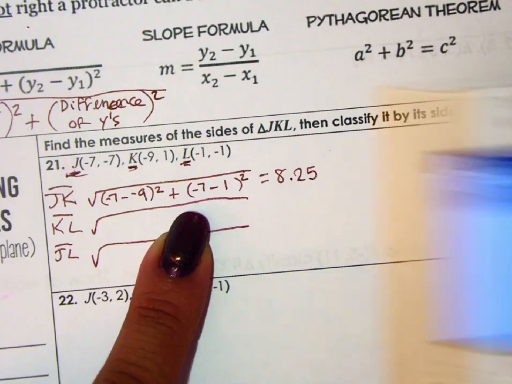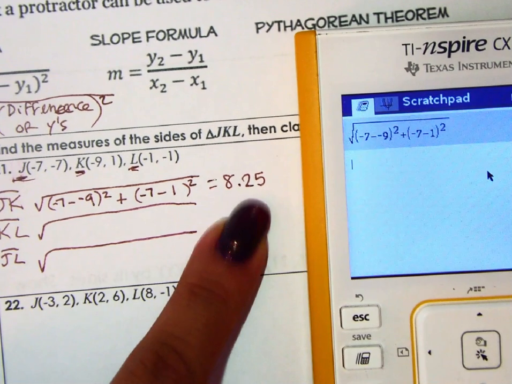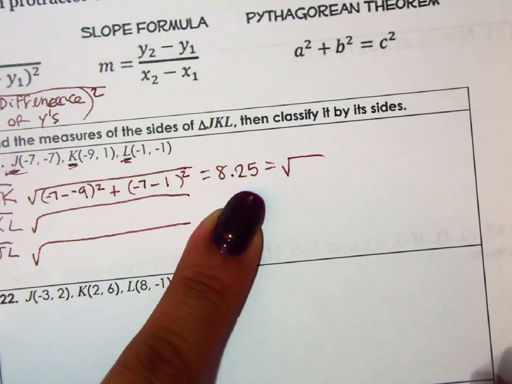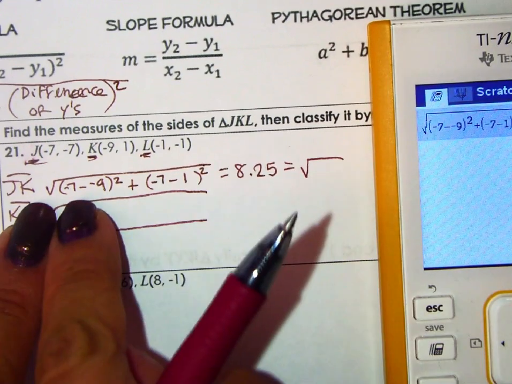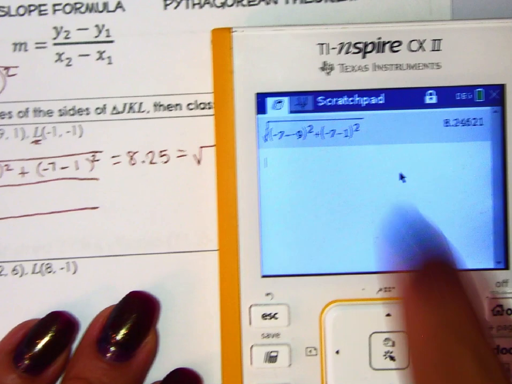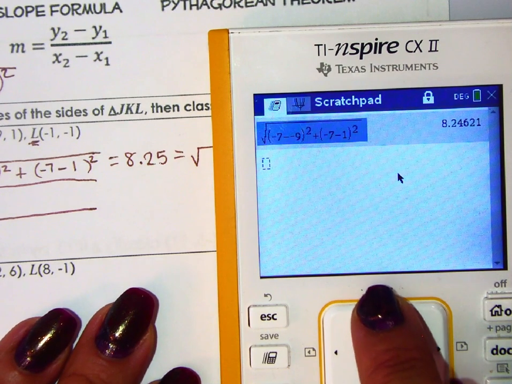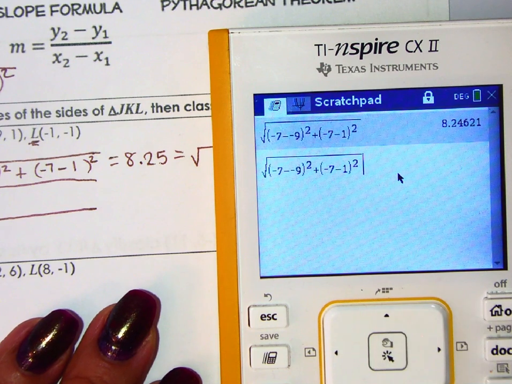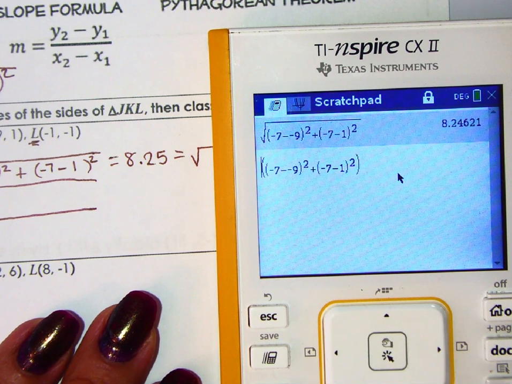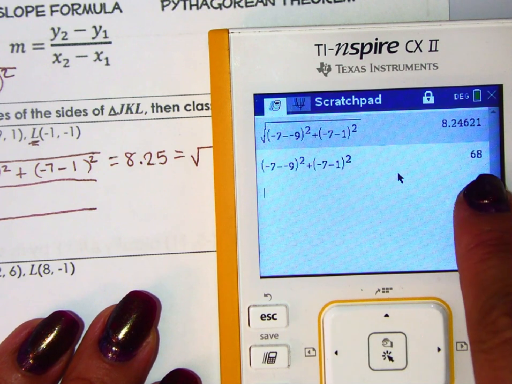One thing I mentioned in class is, what if the answer is not given in decimal? What if the answer is given in square root? That means that you should type only the inside to find out what that number is. If I use what I already typed, I'm just going to press up, press enter, go back and delete that square root. And that results in the number 68.